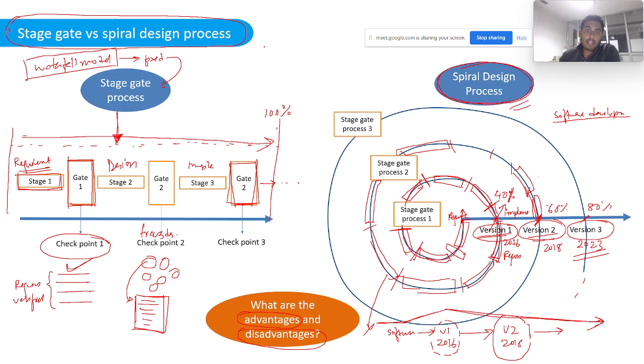So whether it's a product or software, depending upon the nature of the development or the output quality, we determine which approach to take. Are we clear? Any doubts here?